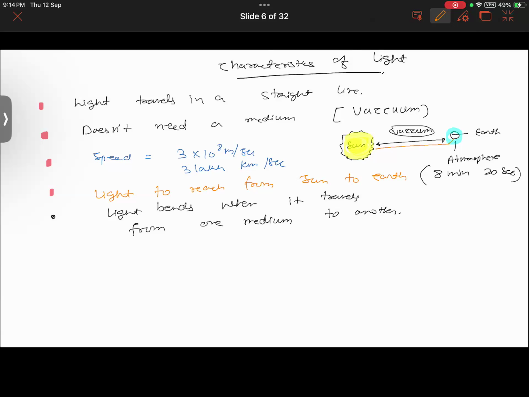So what is happening here? As soon as it enters the atmosphere, it bends. Can you spot it here? Yes, it has bent. So light will be bending when it goes from one medium to another. That is one thing. There are other reasons also why light can bend, but that is not part of the discussion, so we are not going to learn that.